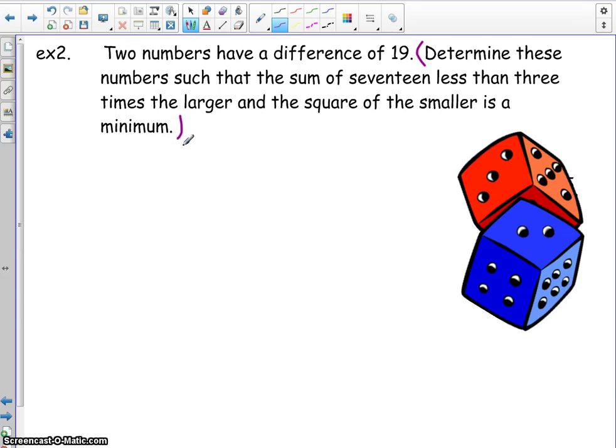I'm going to let you try and think through that on your own, try and create the equations. We're also, the two numbers have a difference of 19. So just to at least start this up for you guys, we have to define our variables. So let's just let A be the larger number, and we're going to then let B be the smaller number.